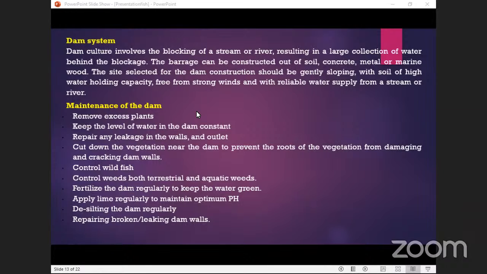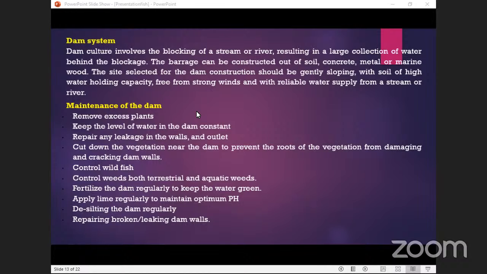When the water drops, make sure you add in more. When the water increases beyond normal, make sure that you remove some. Repair any leakage in the walls and outlet. Why should you repair such leakages? Because such leakages have the ability to reduce the amount of water present inside the dam.